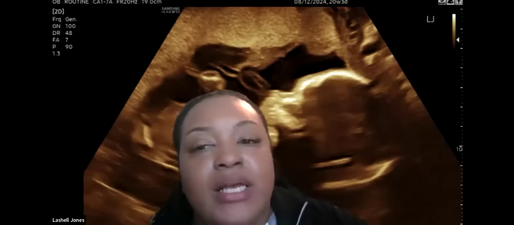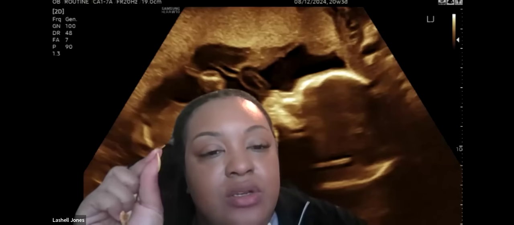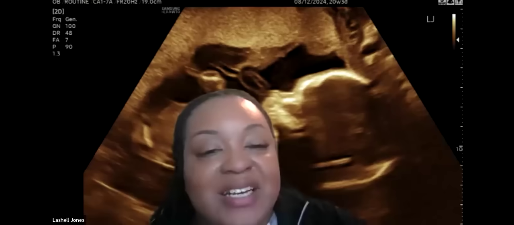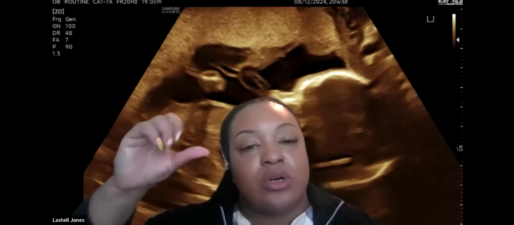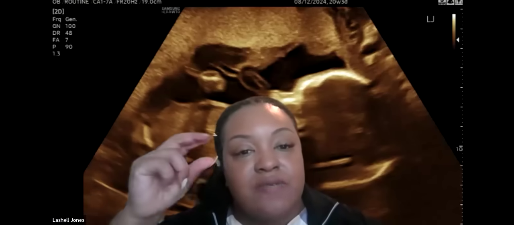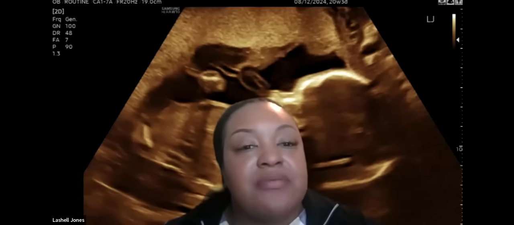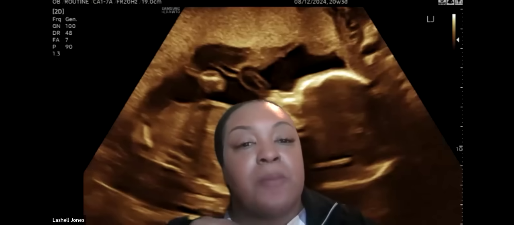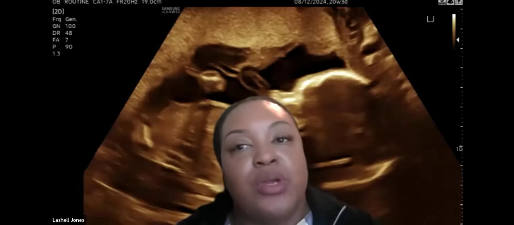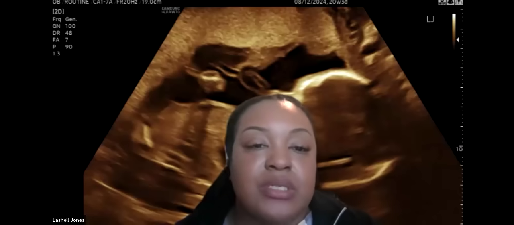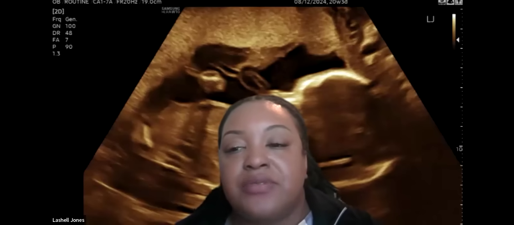Further on, as long as you stay in your ALARA, which we know as low as reasonably achievable, on your machine, it has those parameters set. So as long as you stay within those safety parameters, you should be fine as far as the Doppler settings later on. But yeah, in the first trimester, we really try to abstain from using the pulse wave Doppler.